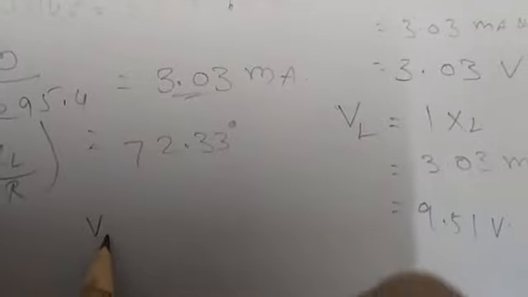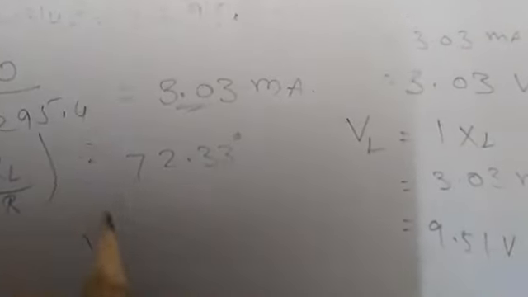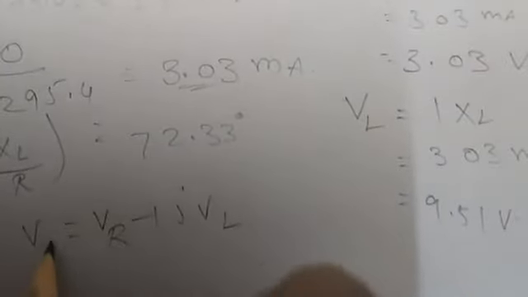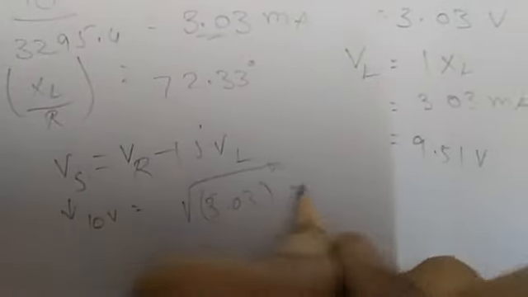To cross check whether your answer is right or wrong, we represent this as V into IL. So the total Vs, which is 10 volts, is obtained by considering 3.03 squared plus 9.51 squared under a square root.